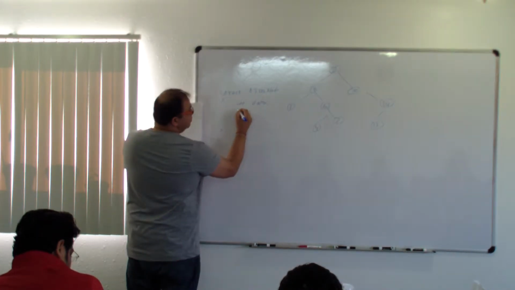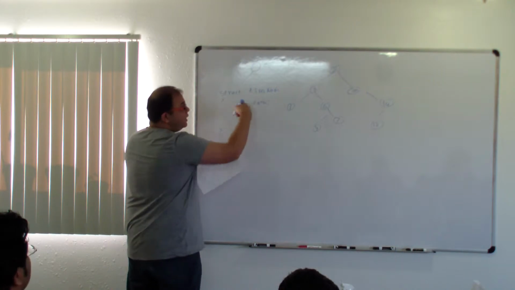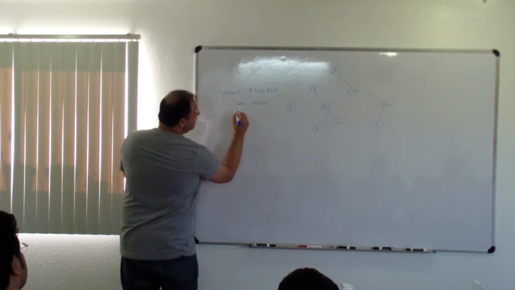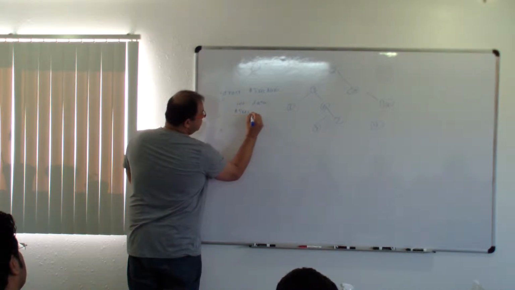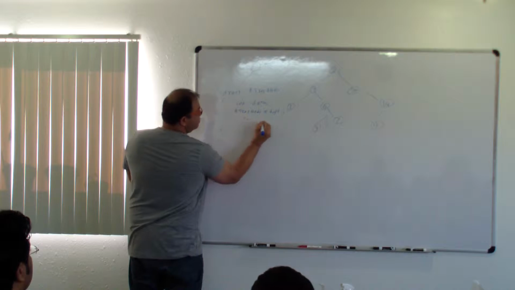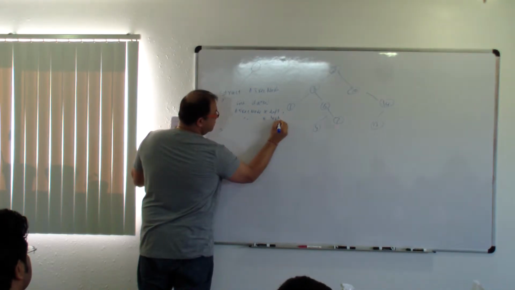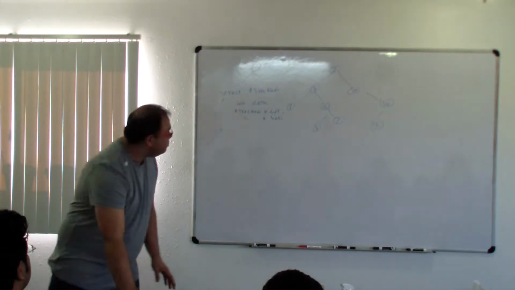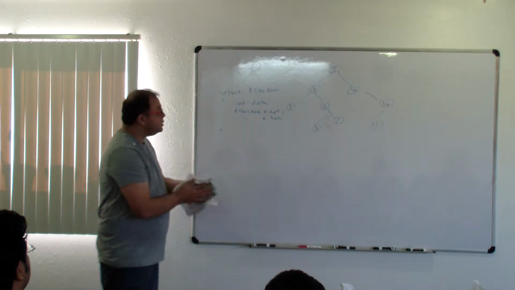Then it has a left child and a right child, and the child is also the same node. So we'll say TreeNode star left, TreeNode star right. This is pretty simple. I think everybody over here knows what this is.